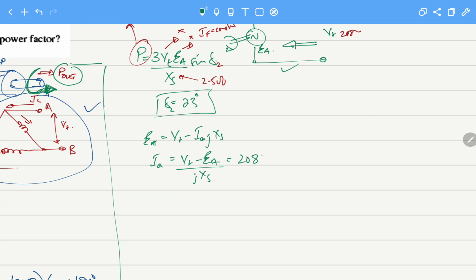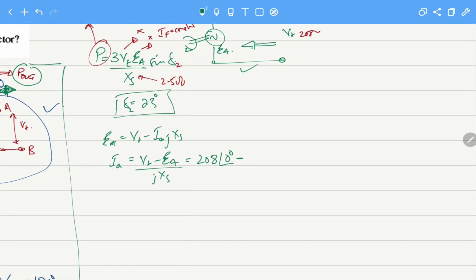VT is again 208 volts at 0 degrees, and EA is 255 with what angle? What is the angle of EA? If this is VT and this is EA, then this power angle delta is actually the angle of EA.